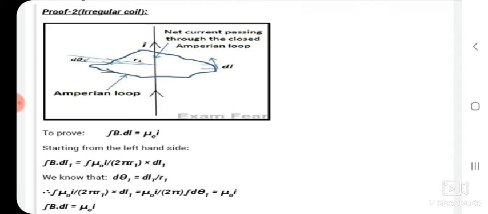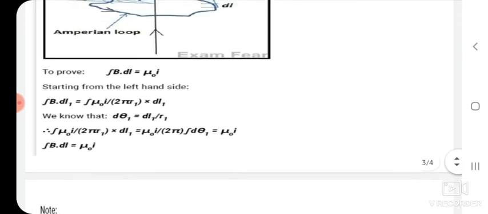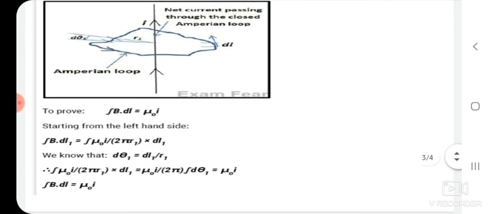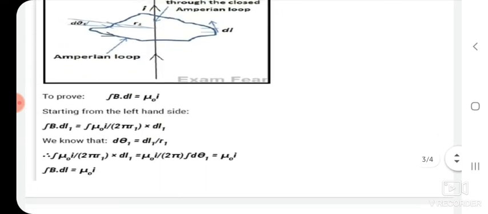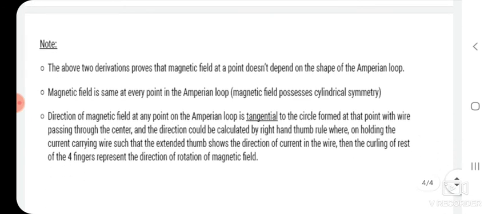Finally we get mu naught times I. For an irregular coil also we are getting the line integral of magnetic field over a closed loop dl equal to mu naught times current flowing throughout that loop. Okay, in this way we can prove Ampere circuital law for a regular as well as irregular coil.